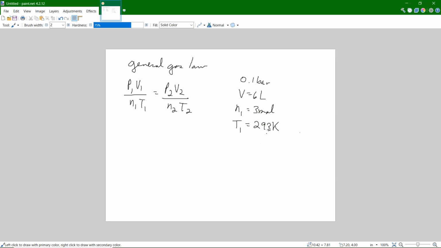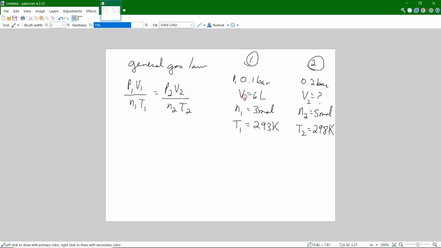Then we decided to increase the pressure to 0.2 bar, find the new volume, so this is condition 1, condition 2, put in 2 more moles, so now we got 5 moles in there, and also ramp up the temperature by 5 degrees to 298 Kelvin. So we want to solve for V2.